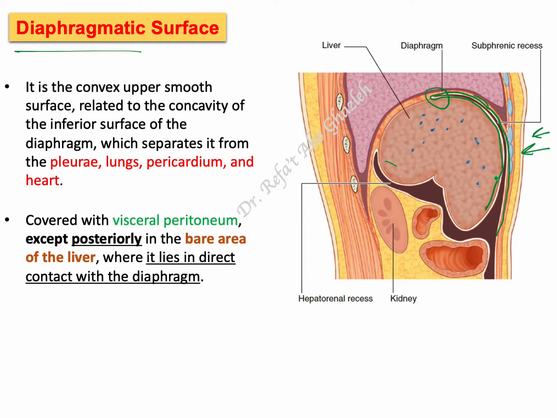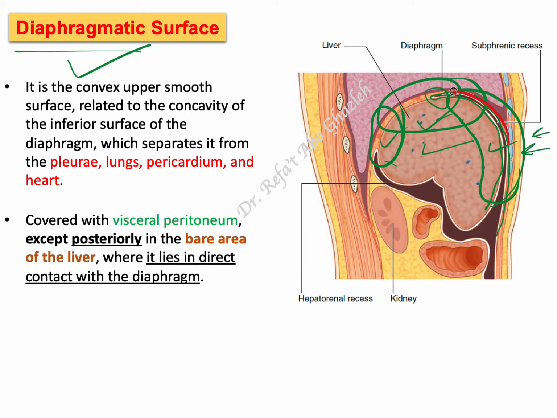So that means the liver has a diaphragmatic surface. So this is the anterior part of it, this is the superior part, and this is the posterior part. These parts represent the diaphragmatic surface of the liver, that's of course located under the diaphragm.